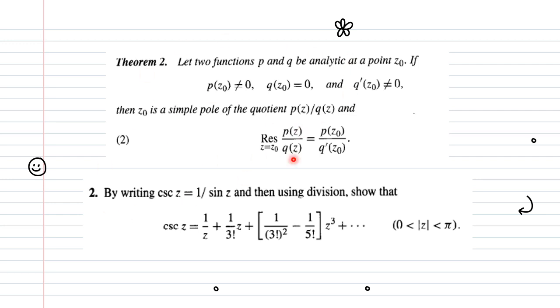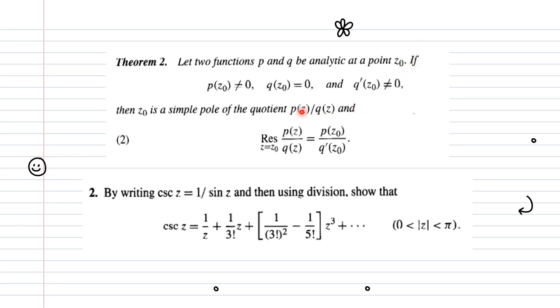In order to give you some context about the theorems that the book mentions, specifically we have theorem number 2, which says: let two functions p and q be analytic at a point z sub 0.